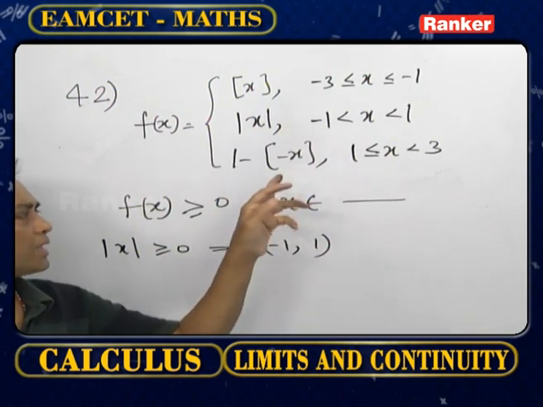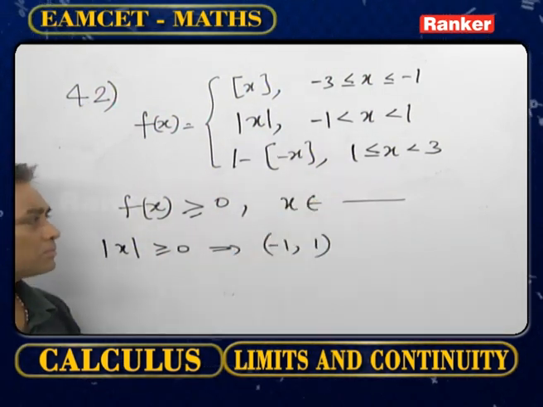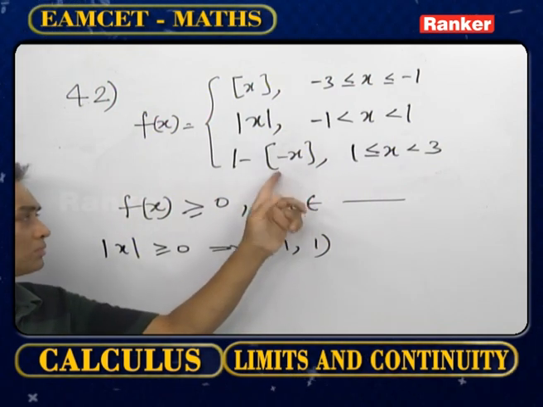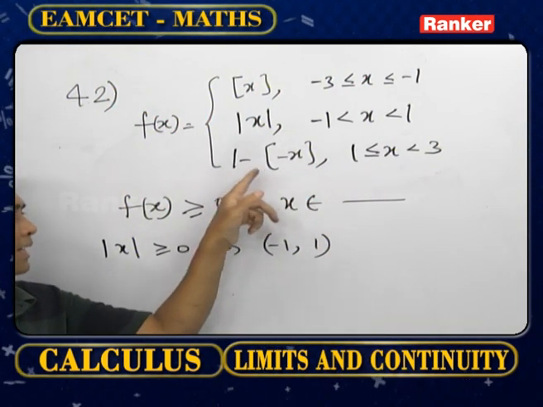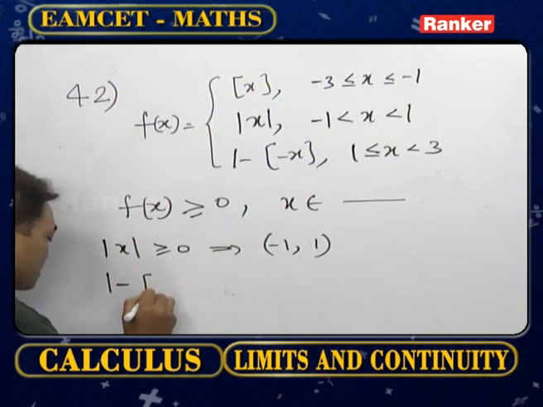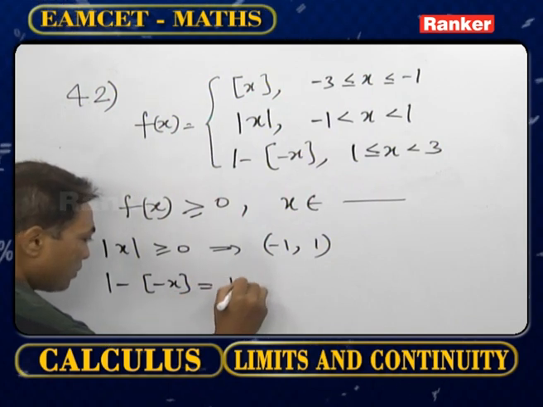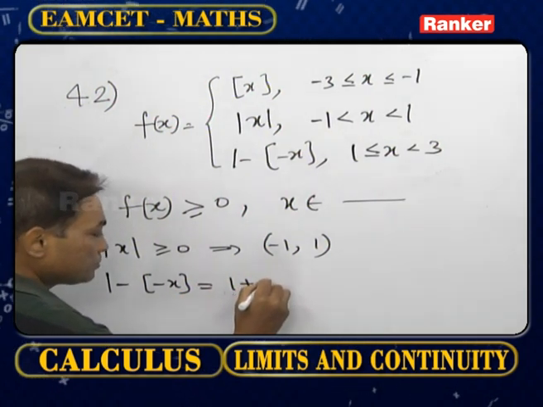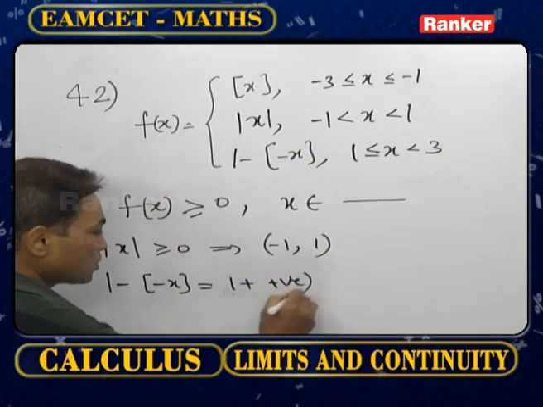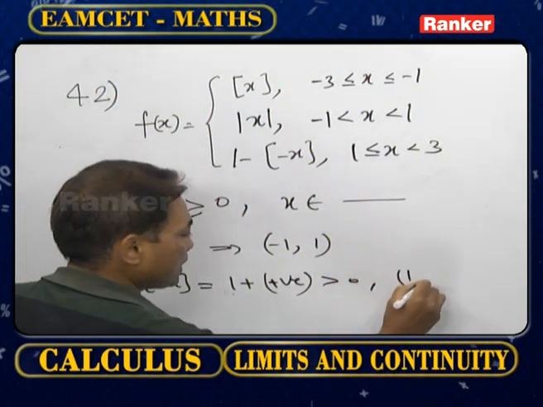Now, 1 to 3, floor of minus x. So 1 to 3 is positive. If you put it here, it will become negative and again minus is there. So minus into minus becomes plus. So 1 minus floor of minus x will give you 1 plus some positive value. So this is also positive, so this value is 1 to 3.